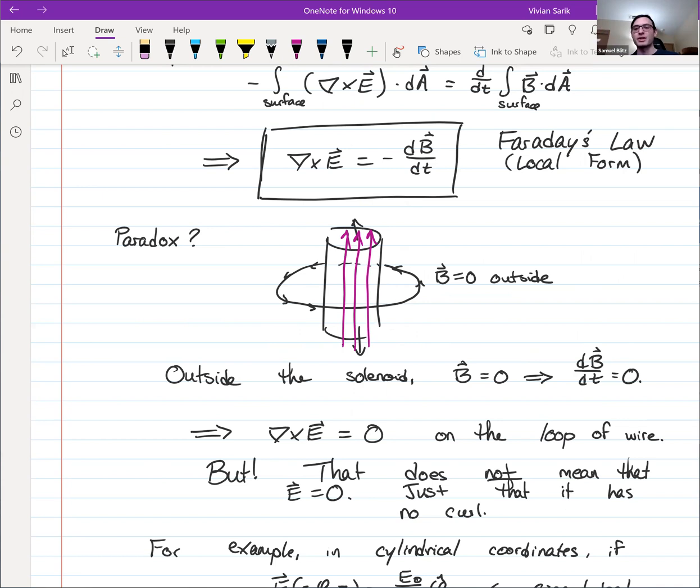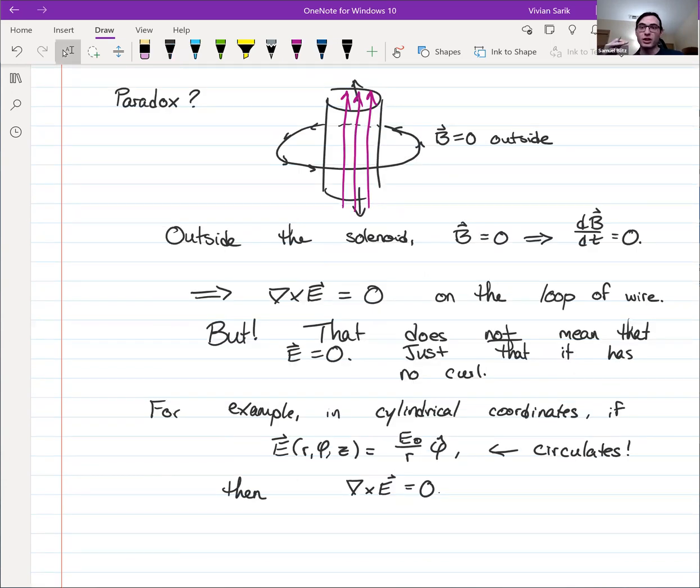And the reason this happens is because the magnetic field is non-zero inside. So you could figure out what the change in electric field is inside. And then you just use a continuity condition. The electric field can't go from non-zero to 0 instantly as you cross the boundary. And so what you're left with is an electric field that starts off non-zero here.